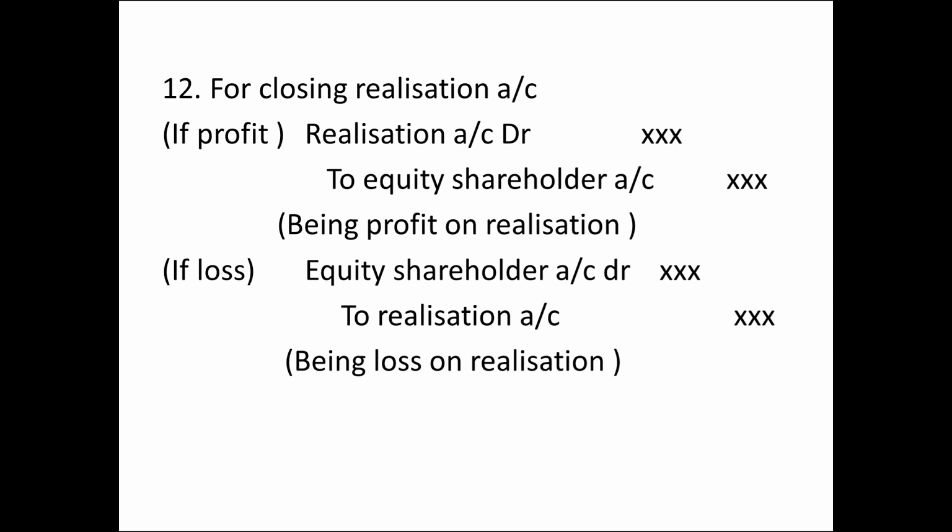Clear? This step will arise at the 6th or 7th entry itself, right? But when you start posting your entries, it will be present in the 12th. Normally, this entry will be posted at the 7th or 6th place when you work out the problems, okay?